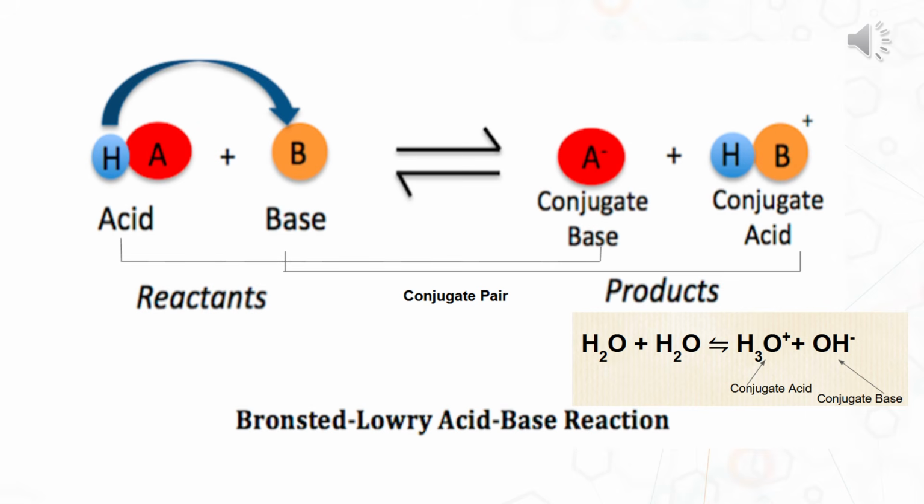Therefore, the conjugate acid is H3O, and the conjugate base is OH. The one that donates the hydrogen among the two is the second one. It's the second water molecule from the left side.